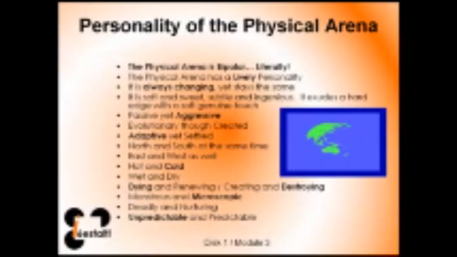For example, the physical arena is bipolar. Literally. There's a north and a south pole. Now, if you did not know this north and south pole philosophy, and you didn't know the world was round, then you would be interacting with your physical arena much the way they did when they thought the world was flat.